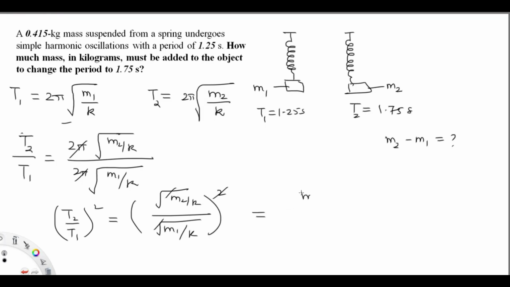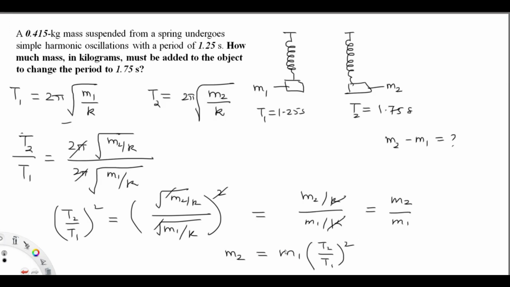So m2 over k over m1 over k. So k and k cancel. So we have m2 over m1. So we want to find m2. So multiply both sides by m1. So you get m2 is m1 times T2 over T1 squared.